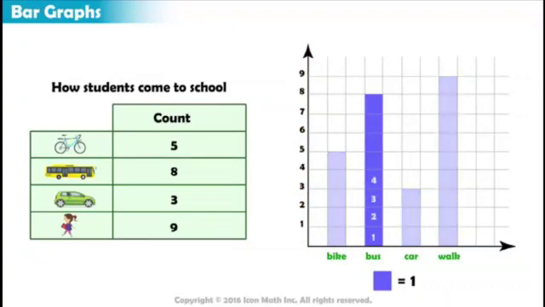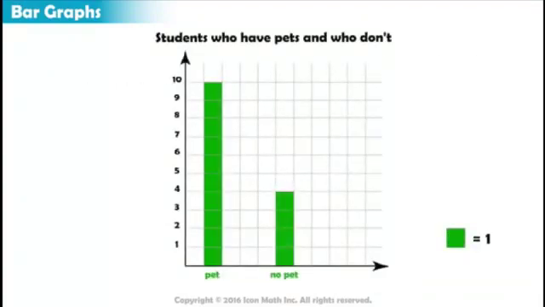There are 8 squares for the bus category, so 8 students in this class take the bus to school. Let's look at another bar graph. We have 2 categories as our measurement scale, those students with a pet and those with no pet. Every square equals a count of 1, and the highest count is 10.